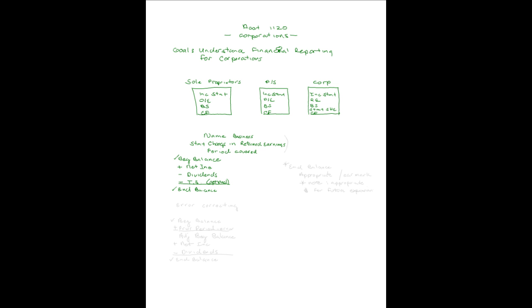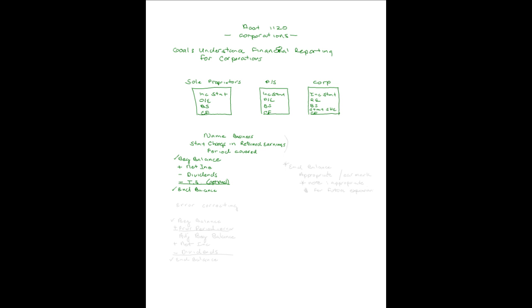There could be a complicating factor. If you had an error correction, if you make a mistake in prior periods, you might have to fix your retained earnings statement, and that would be very similar to this, and yet just a little different.